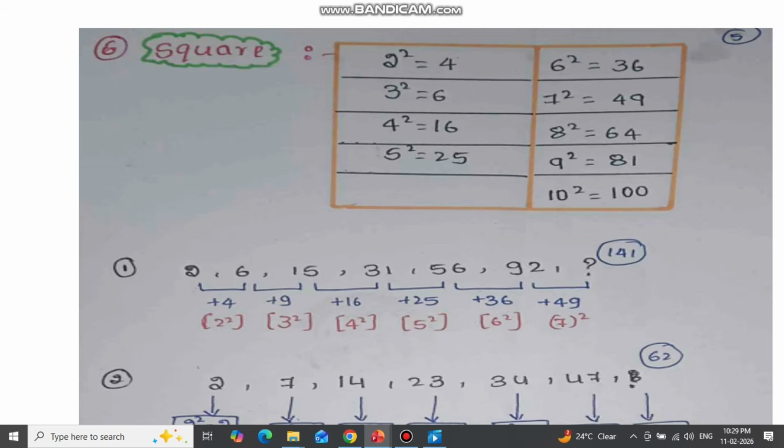First, 2 squared is 4, then 2 plus 4 is 6, then 3 squared is 9, and 6 plus 9 is 15. 4 squared is 16, 15 plus 16 is 31, then 31 plus 25, that 25 is 5 squared, we get 56. 56 plus 36, that 36 is 6 squared, we get 92. To 92 we add the square of 7, that is 49. 92 plus 49 is 141.